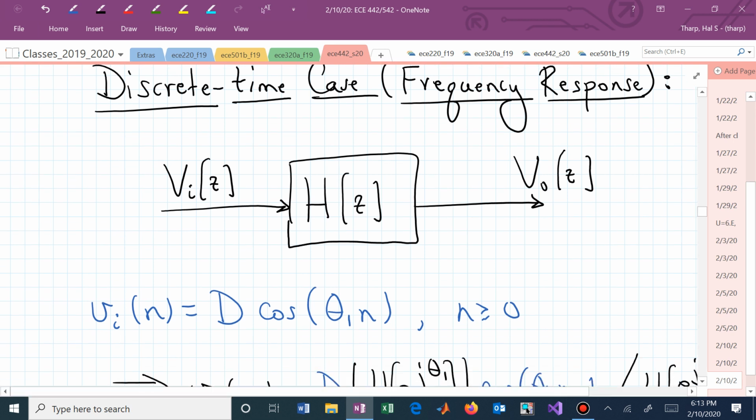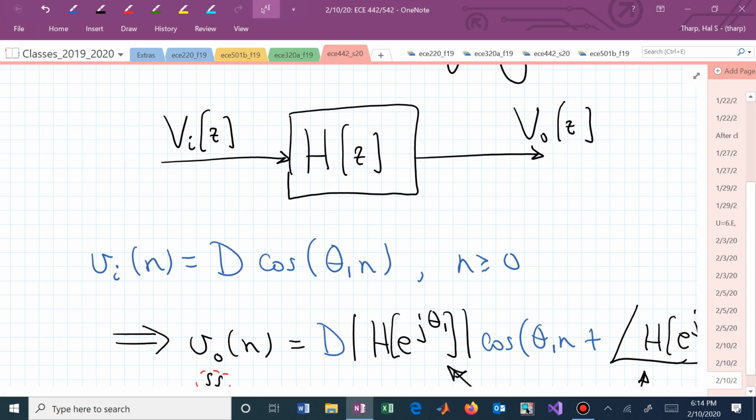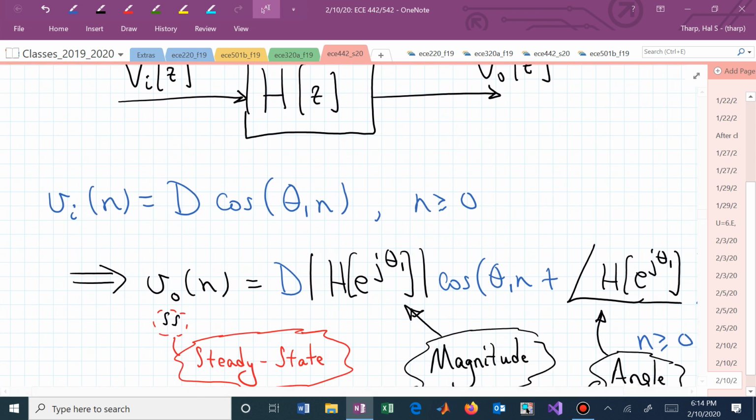But now when we shake this system, we are shaking it with omega t, or we're just collapsing omega t into one variable we're calling theta. So now we're shaking that at theta 1. And that's radians per sample. And n is sample.